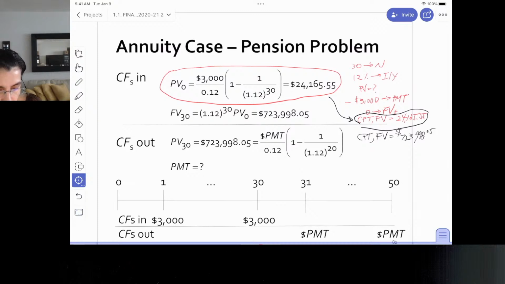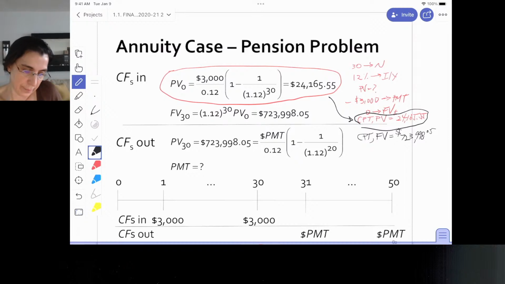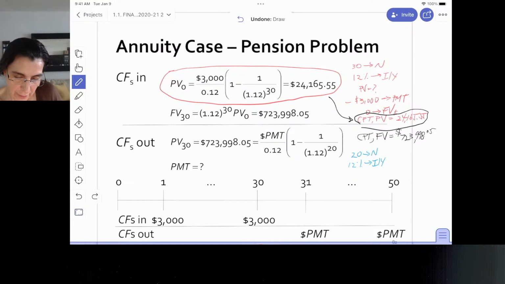And now I solve for the payment on this annuity. Entering the values now. I'm going to do this in blue. So now it's 20 into N, 12% into interest, and we're going to put this number into PV.